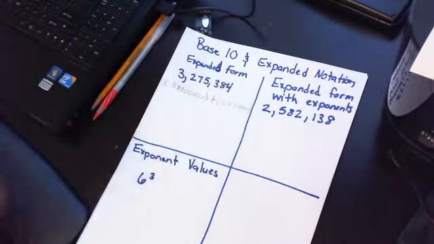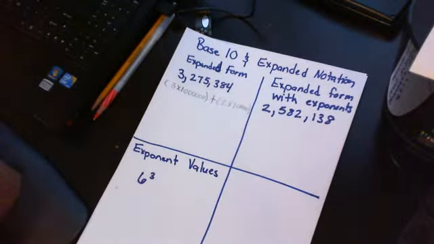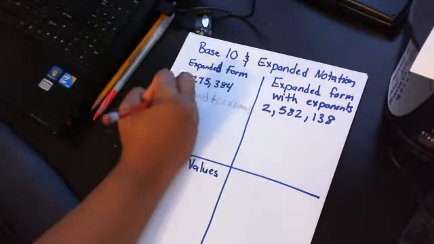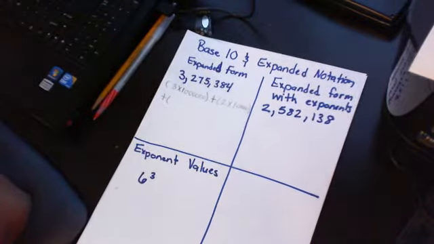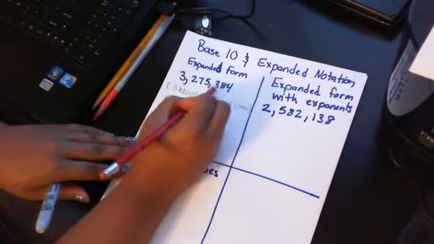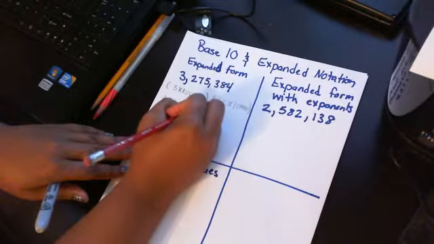Close parentheses. And then we do plus parentheses. And we keep going. So we do 7 times 1 with 4 zeros.